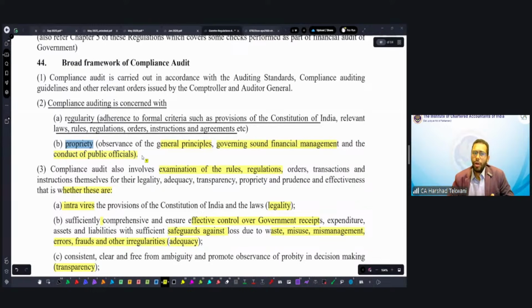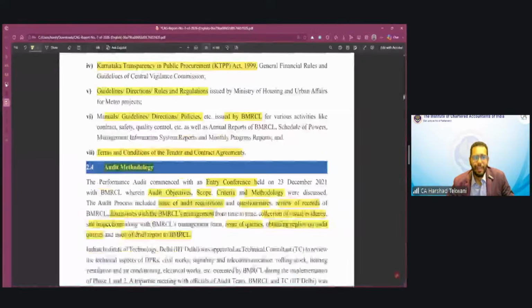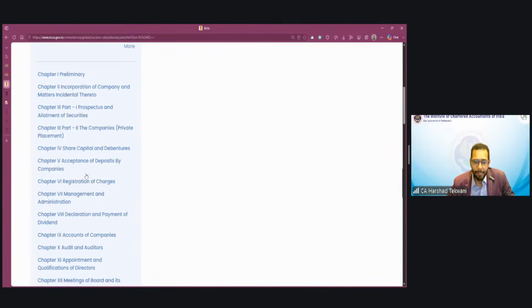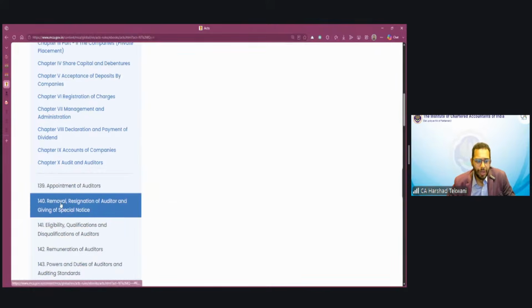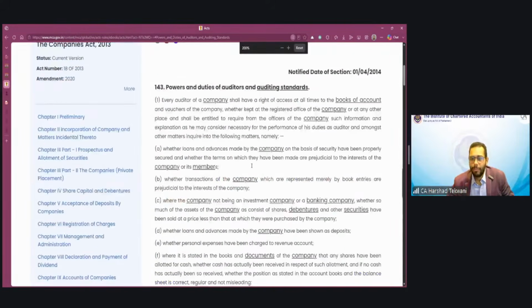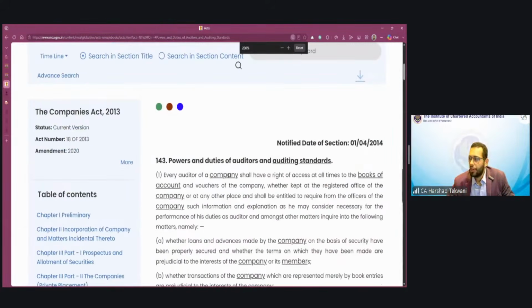Now, as an auditor, I will bring your attention to a similar area that we already see in the audit of normal companies and the audit of government companies under the Companies Act. So let's go to section 143. Section 143 talks about the powers and duties of the auditor.